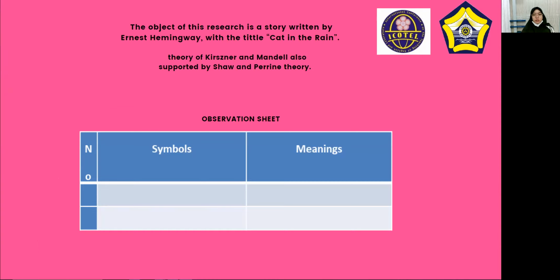The theory of Kirchner and Mendel, also supported by show and pairing theory, was completed by observation sheets of symbols and meanings. This observation sheet helps to classify the symbols recognized by these theories.